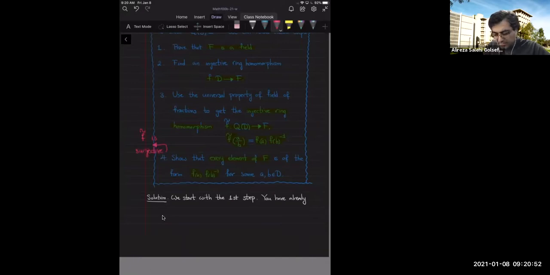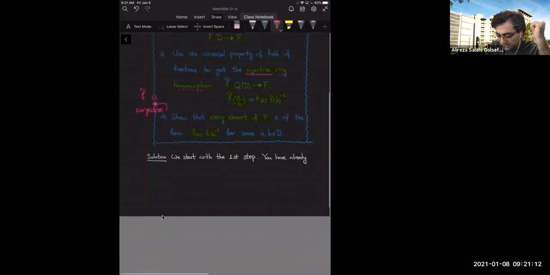The way that we got f tilde is that it's an injective ring homomorphism. So overall, we deduce that f tilde is a bijective ring homomorphism, and therefore it's an isomorphism from the field of fractions of D into F. And that finishes our proof.